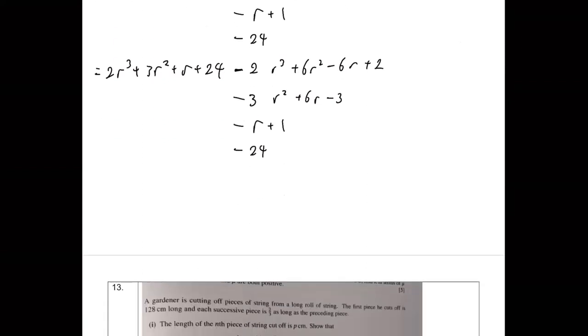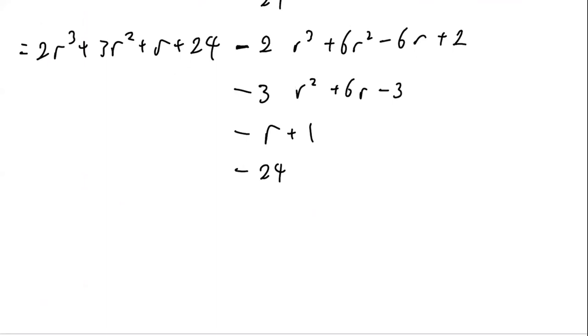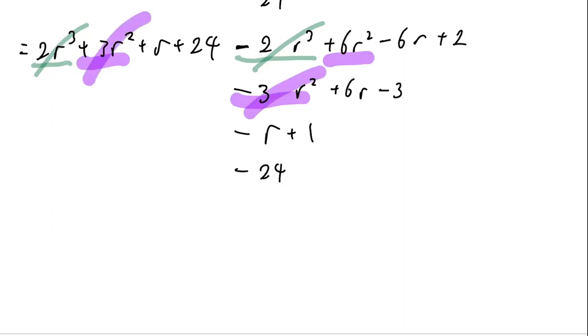Okay, then we can continue simplifying. Let's see if there's anything to cancel. 2r cubed minus 2r cubed cancel. 3r squared, 6r squared, minus 3r squared: we're left with 6r squared, the 3r squared cancels. Plus r minus r cancel. Minus 6r plus 6r cancel. Anything else? 24 plus 2 minus 3 plus 1 minus 24.